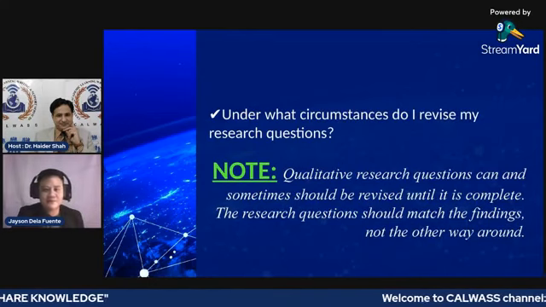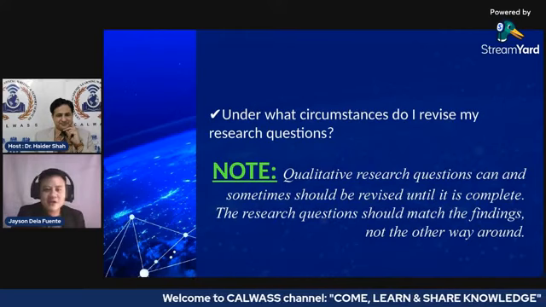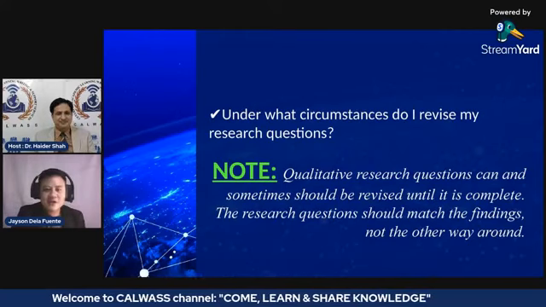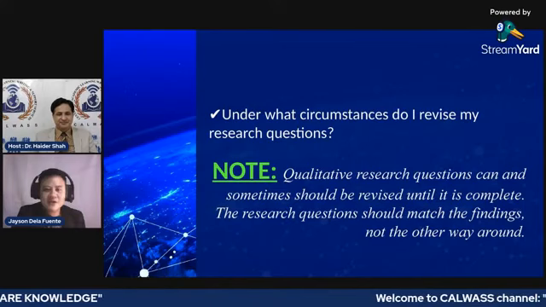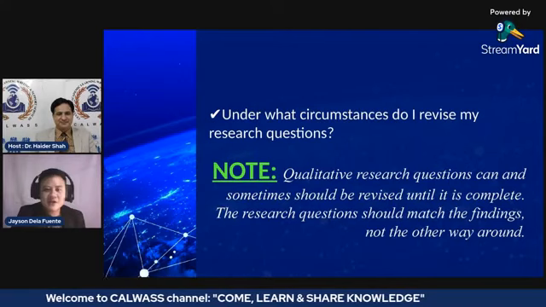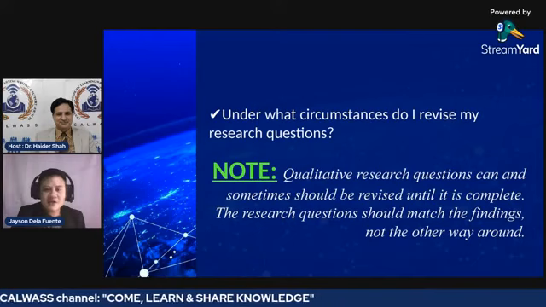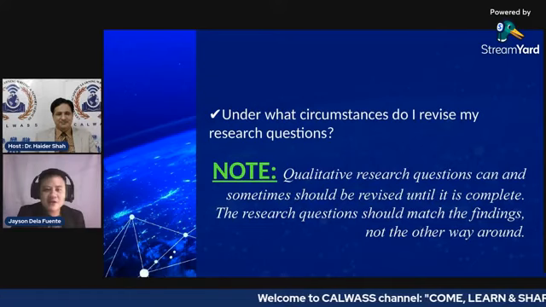Under what circumstances do you wish to revise your research question? In qualitative research, the question can and sometimes should be revised until it is complete. That is why in qualitative research, we call it our overarching question. This overarching question is actually our guide as to what our boundaries are in exploring certain experiences or a certain phenomenon.